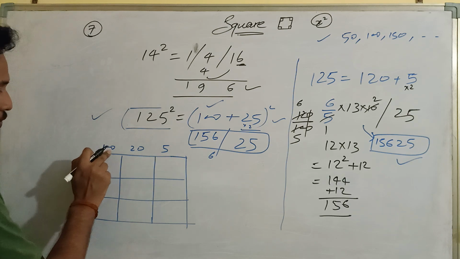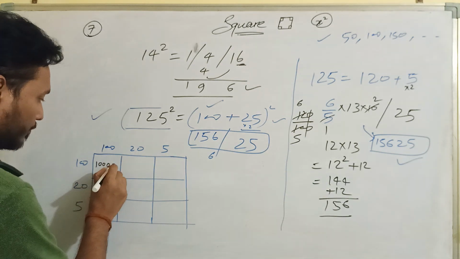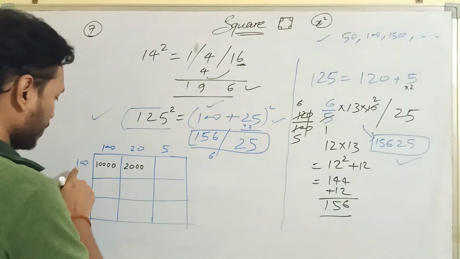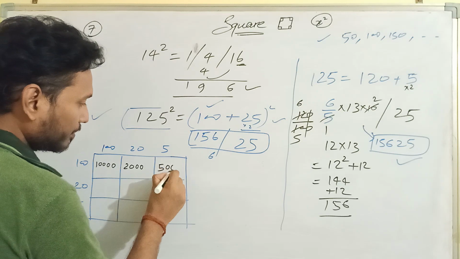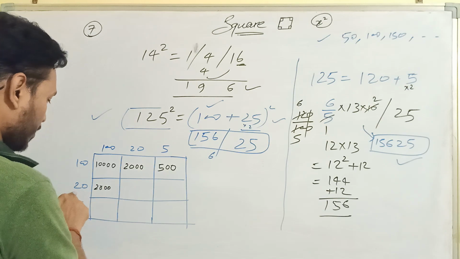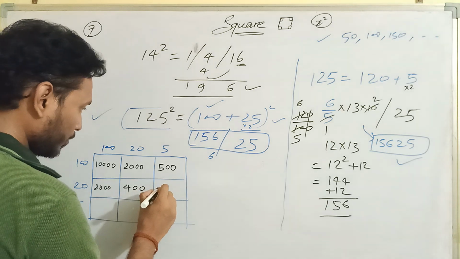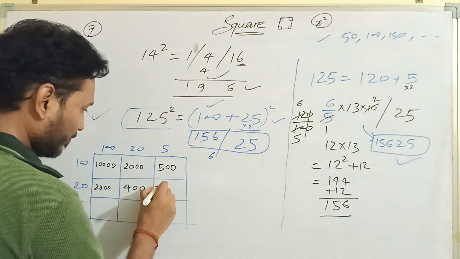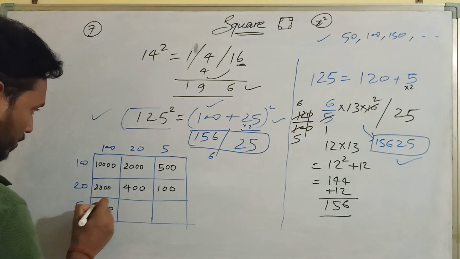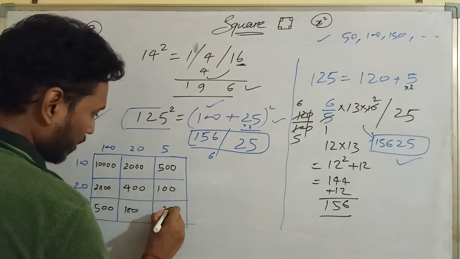Clear? 100 into 100, it will be 10000. 100 into 20, this will be 2000. 100 into 5, 500. 20 into 100, 2000. 20 into 20, 400. 20 into 5, this will be 100. 5 into 100, 500. 5 into 20, 100. 5 into 5, 25.